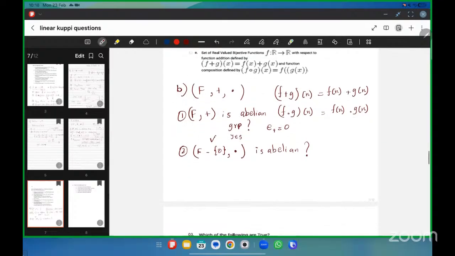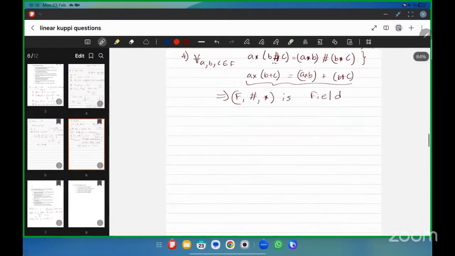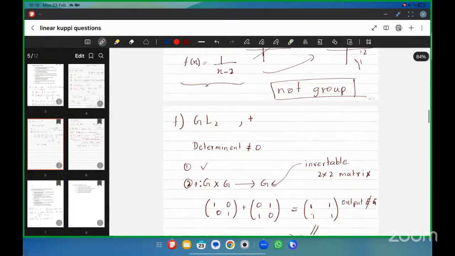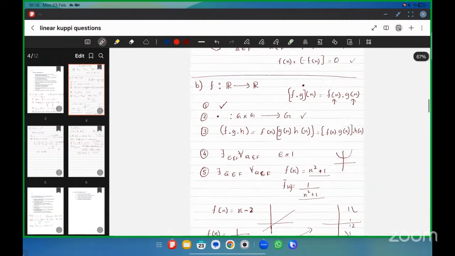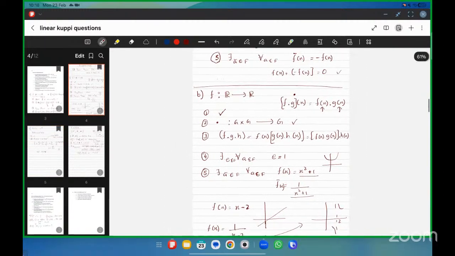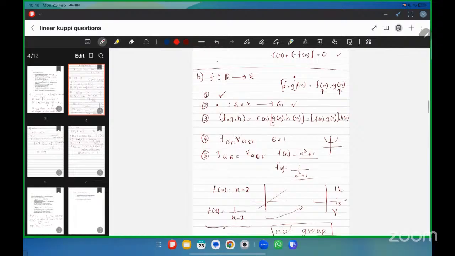We checked previously, in part B of the first question. So it's failing to satisfy the fifth condition, that is the inverse part.